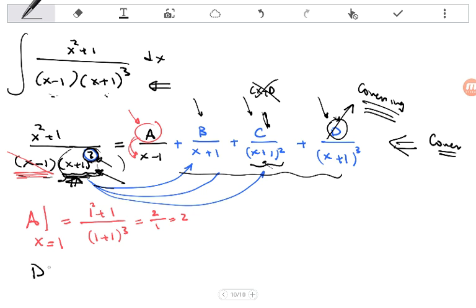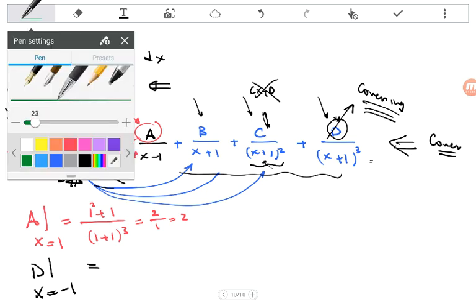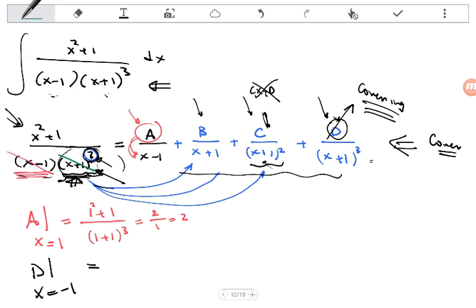So I can find now the value of D. I substitute x equal to -1, which makes the denominator 0, just by covering this bracket.